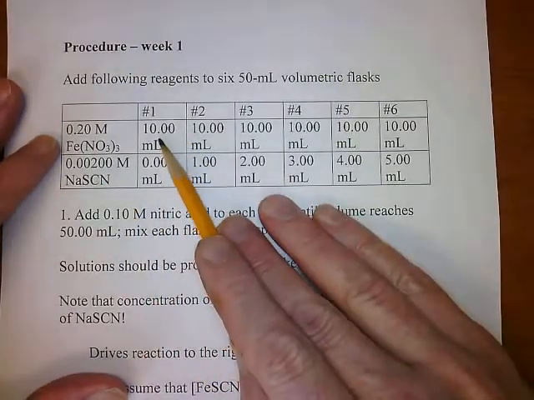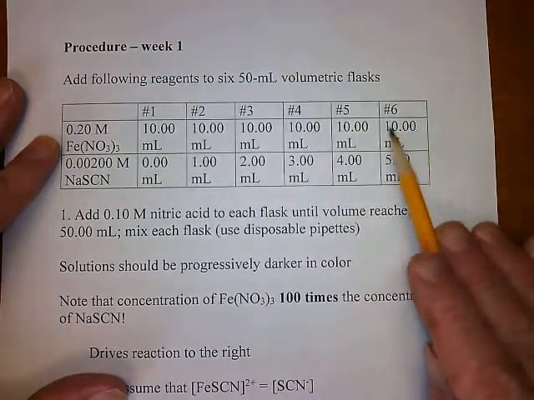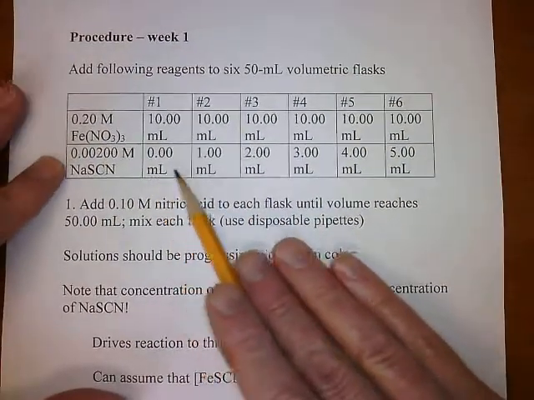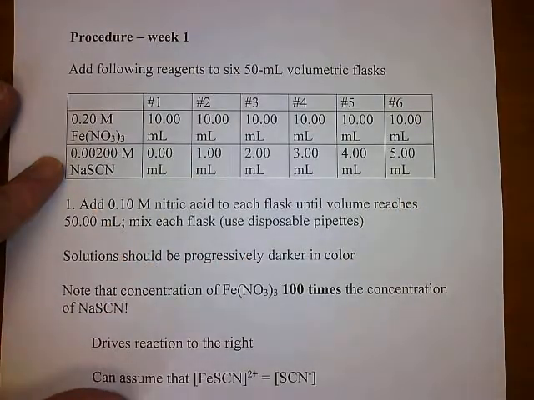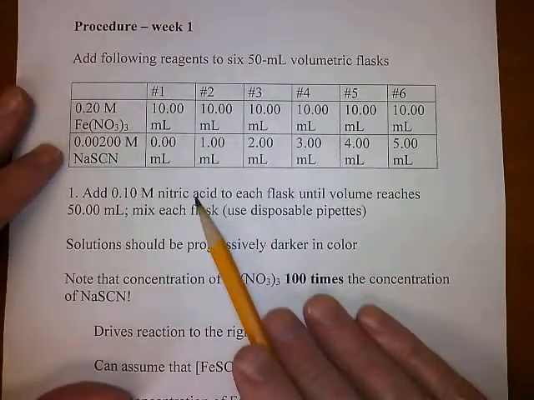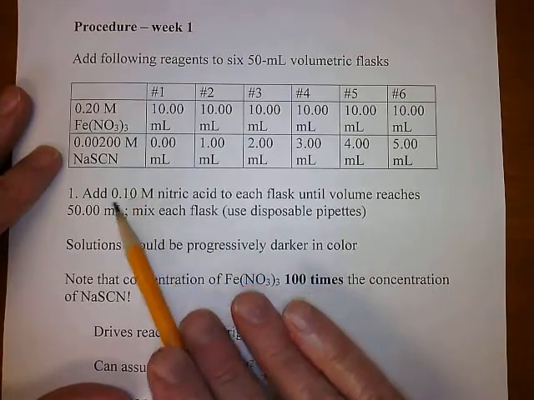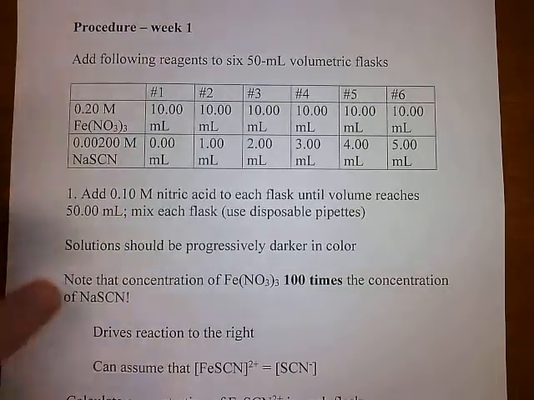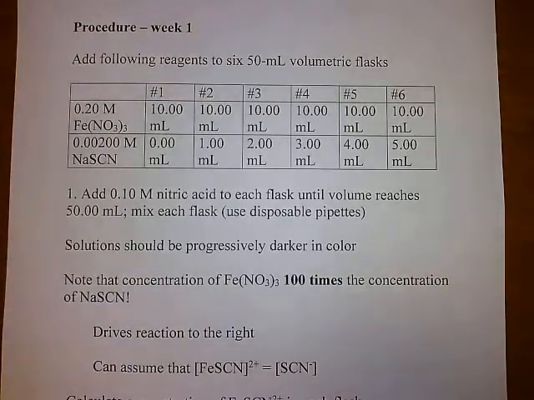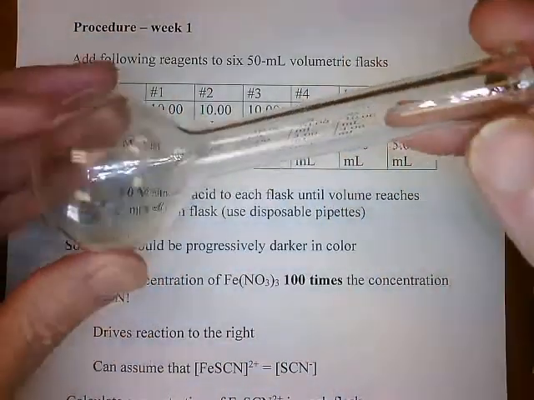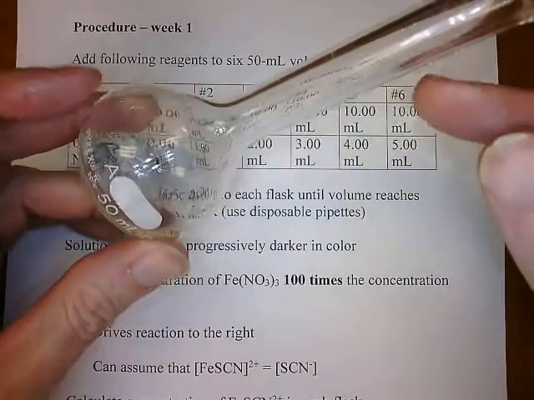We're going to mix 10 mL of the iron 3, that's the same in each, and varying amounts of the sodium thiocyanate. Then we're going to dilute each flask down with 0.1 molar nitric acid to a final volume of 50 mL. We're going to use a special type of flask called a volumetric flask.